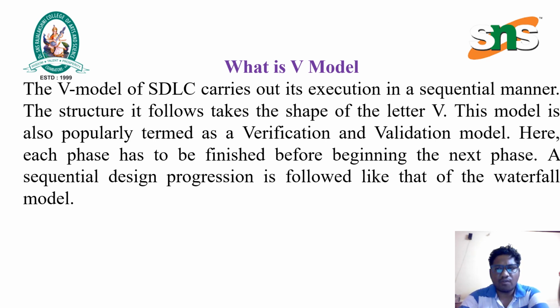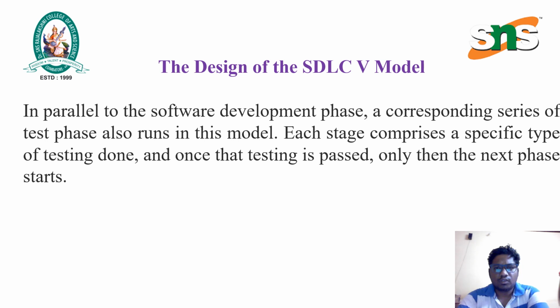In the V model, parallel to the software development phases, a corresponding series of test phases also runs. Each stage comprises a specific type of testing, and once the testing is passed, only then does the next phase start.